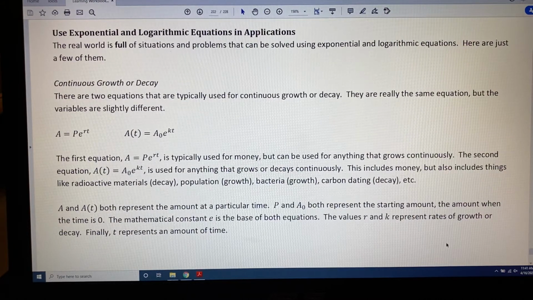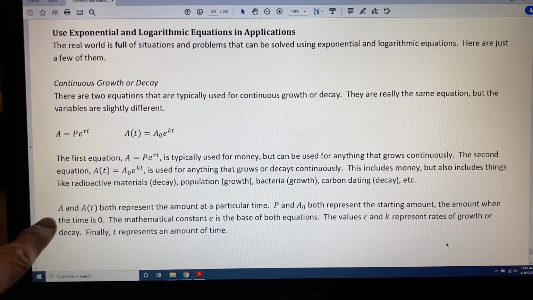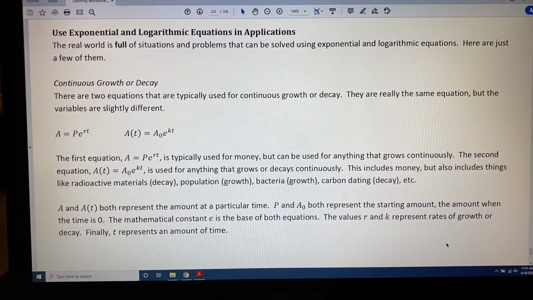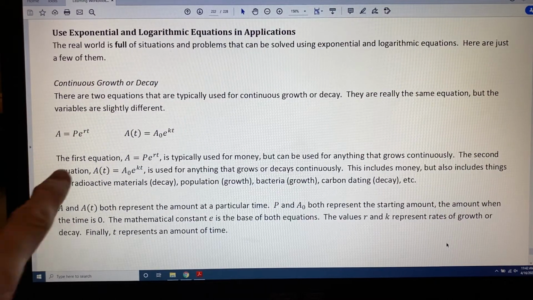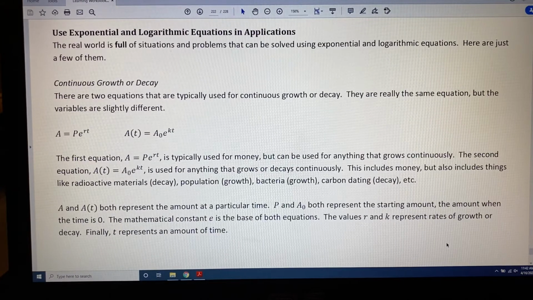This includes money, but also includes things like radioactive materials, which is an example of decay, population, which is an example of growth, bacteria, which is an example of growth, carbon dating, which is an example of decay, etc. A and A of t both represent the amount at a particular time. P and A naught both represent the starting amount, the amount when the time is 0.